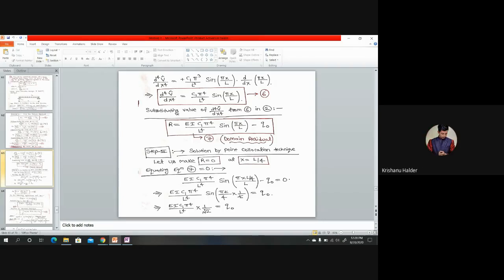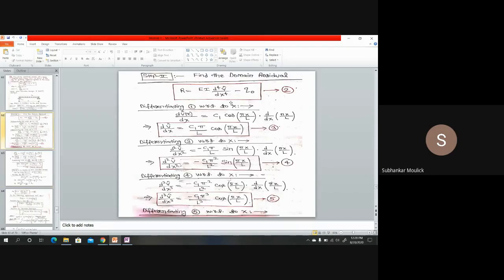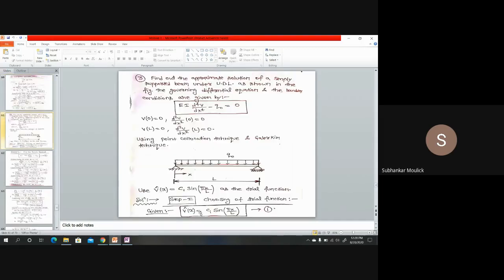Okay. So now I can substitute this value of d to the power 4 v cap upon dx to the power 4 in my original residual equation, that is equation number 2. If you substitute it, you will get the final resulting residual in terms of the trial function.